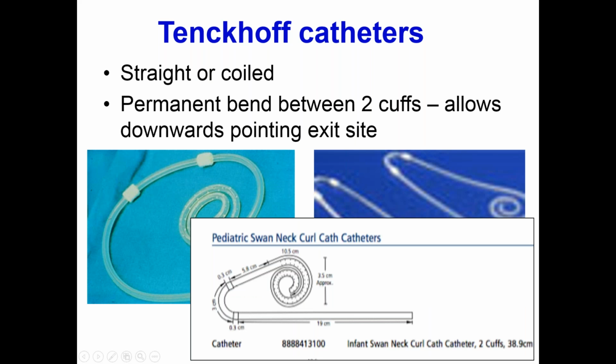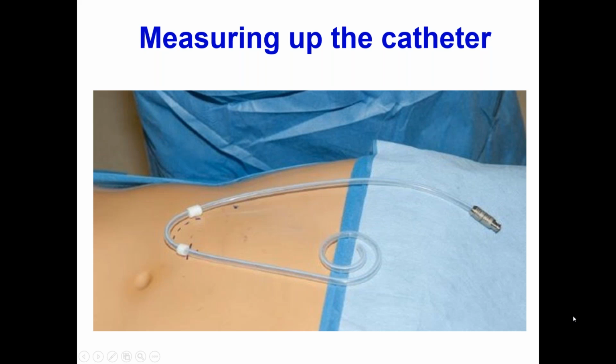Here you see the pediatric swan neck curl catheter, and as you will see in this picture, this is exactly what is shown on the outside of the box. It shows you the distance between the cuffs and the tip of the catheter, the distance between the two cuffs as well, and the overall length of the tube. So measuring up the catheter is important.